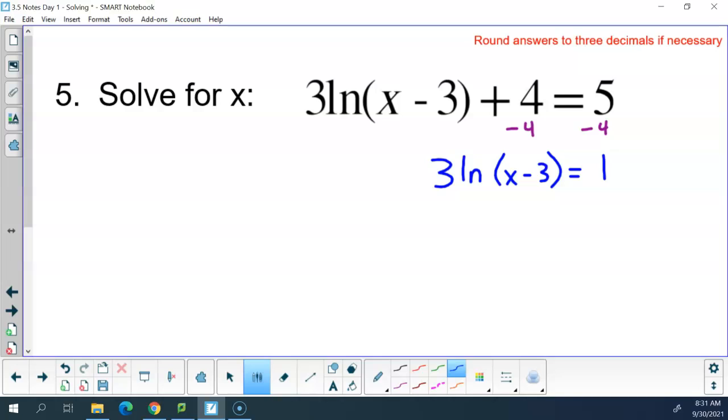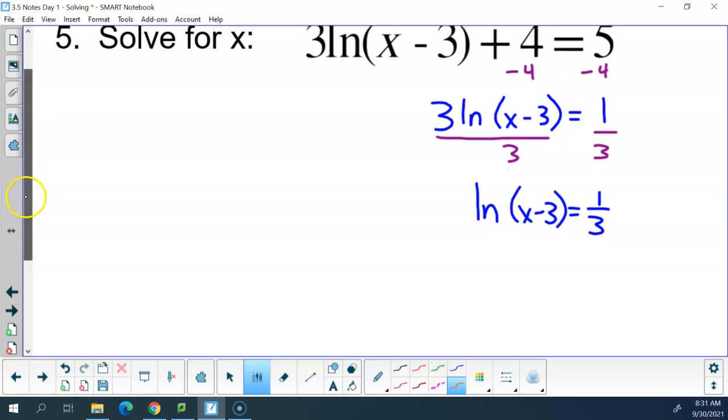Good so far? Good so far? Now what? Switch form. What's my base? E. Okay.